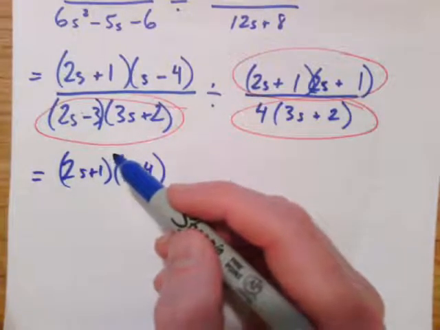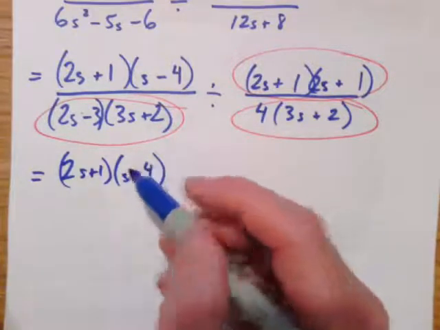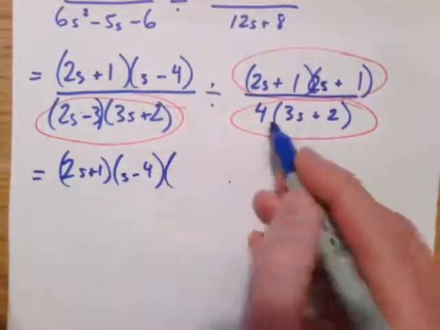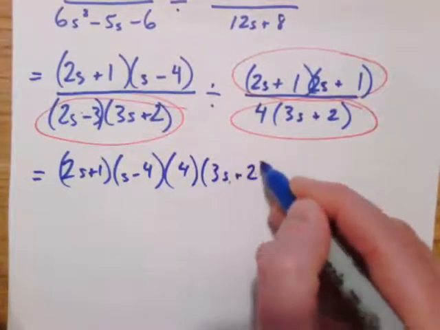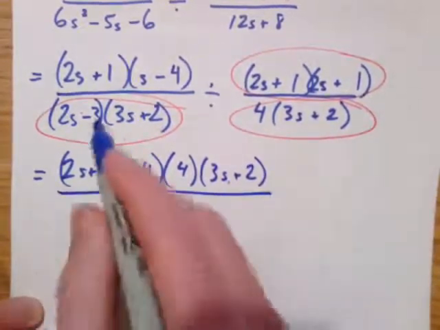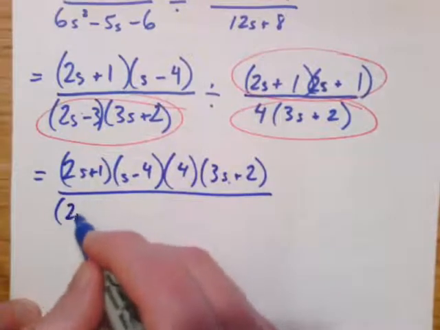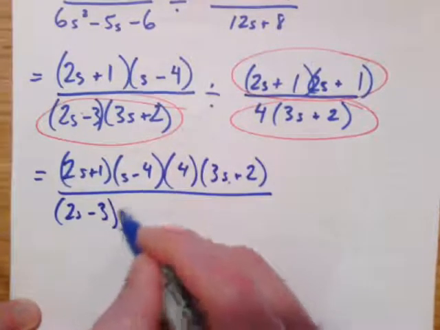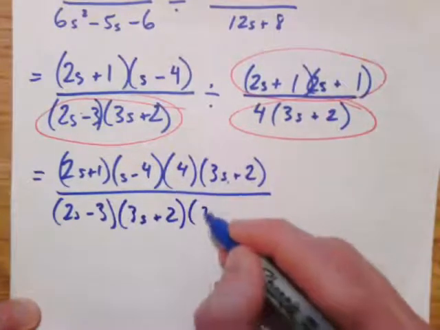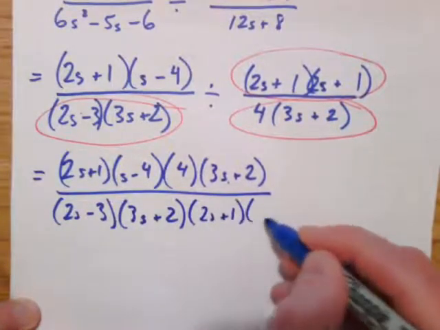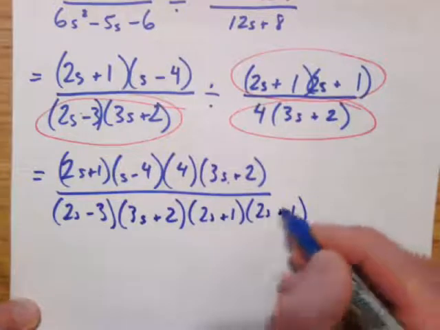What number is this? 8D? I'm just going to make sure these are s's, right? Yeah. Okay, and then it's going to multiply what's on the bottom. On the bottom on this side is 2s minus 3, 3s plus 2, and then what was on the top? 2s plus 1, 2s plus 1.